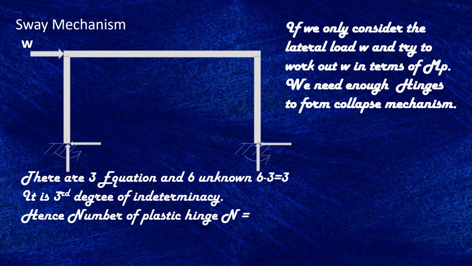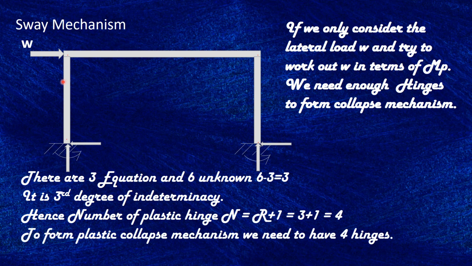But bear in mind here is that now we are incorporating the whole members for collapse mechanism. So we've got the 2 columns and the beams, which means we cannot solve these equations with the sum of horizontal load and vertical load, and then the moment equations to come up with the answer.